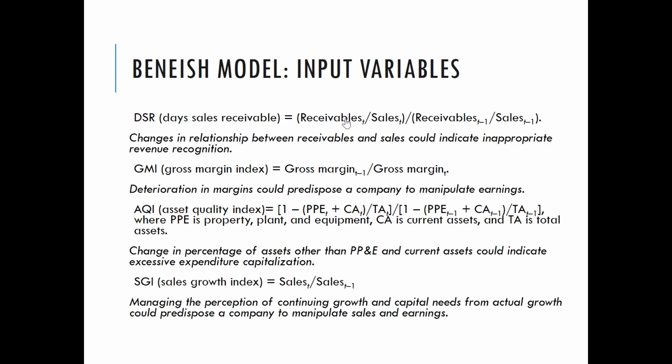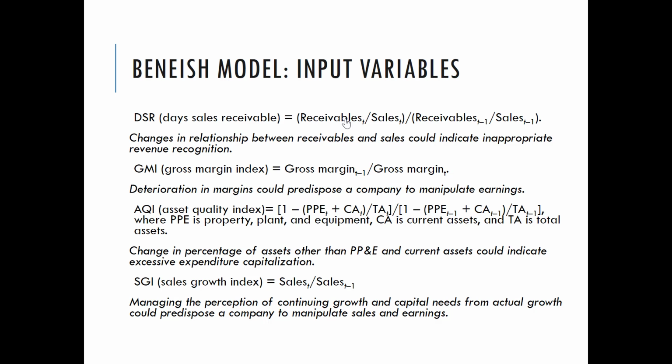We have things like the sales growth index, which is again looking at changes over time. And what we're looking at here is the idea that we want to make sure that the company is not growing too fast. It might seem like a weird thing to look for because usually people want high growth, but high growth also means that there is a higher incentive to manipulate earnings.